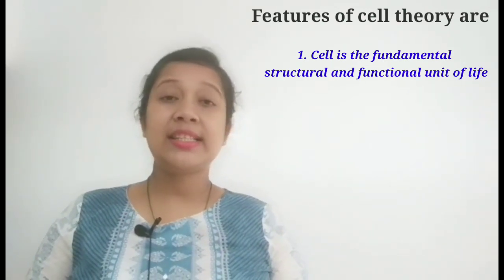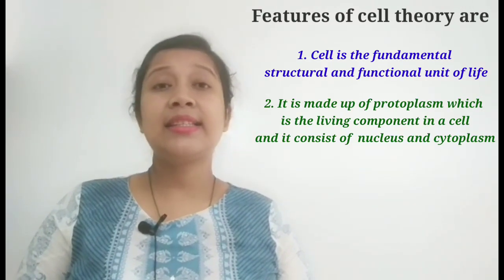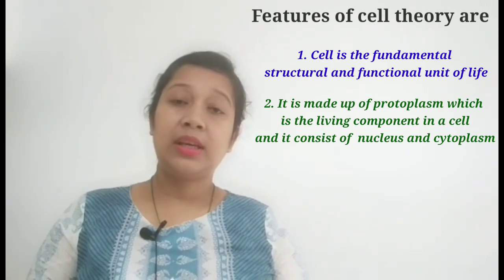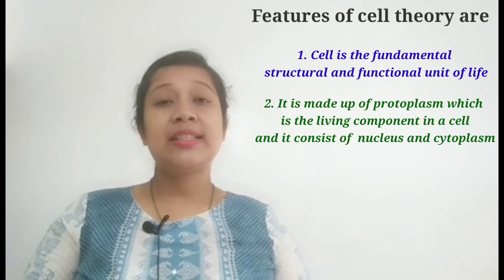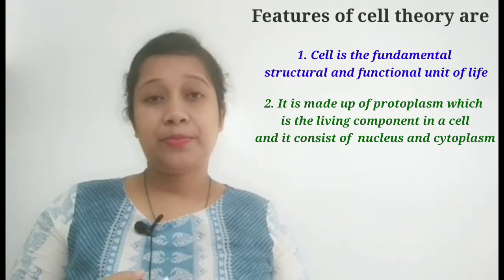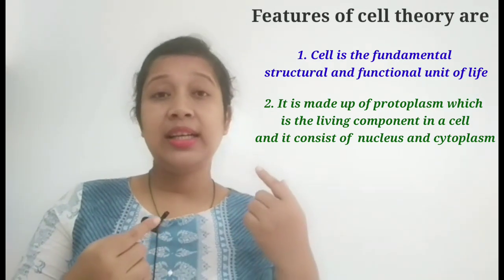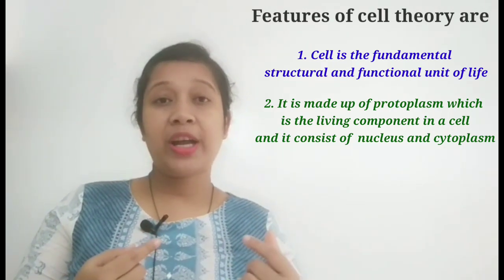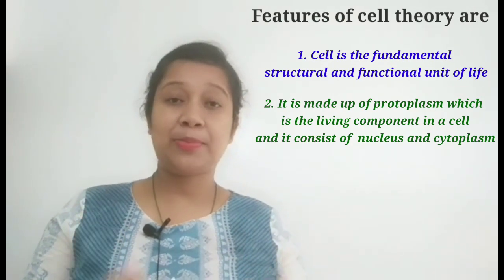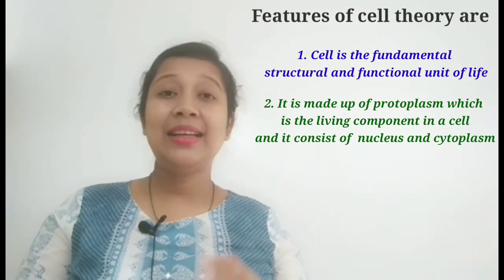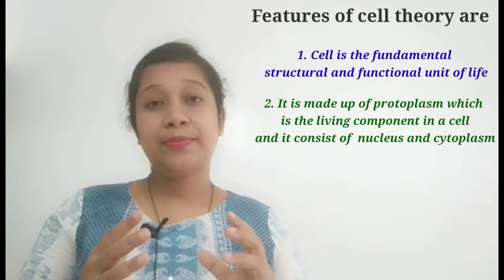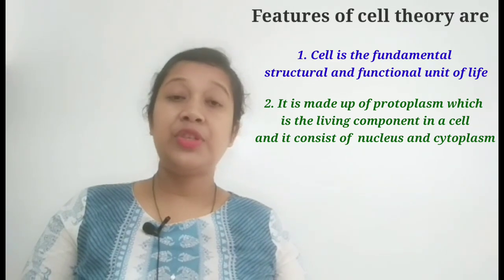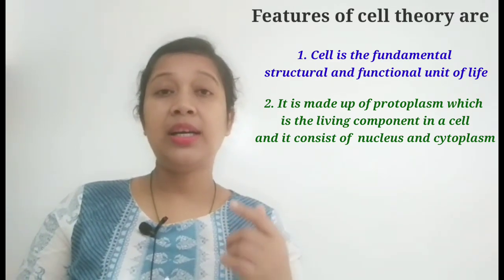The second statement says that a cell is comprised of protoplasm. That means the cell is bounded by a wall. Within that wall, there are the living components where all this functioning takes place. And that living component inside the cell is called the protoplasm, which is actually the living part of a cell.